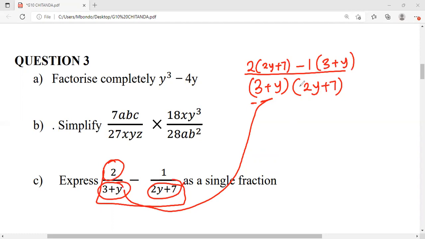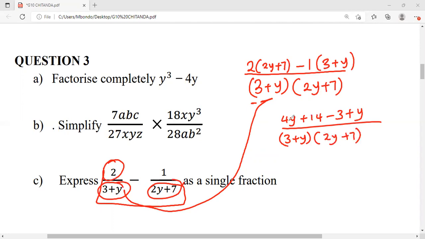At that point, just work out with the numerator and simplify, which will be 4y plus 14 minus 3 plus y over 3 plus y, 2y plus 7. When you put the like terms together here, you will discover that you're going to have 4y plus y plus 14 minus 3 over 3 plus y, 2y plus 7.